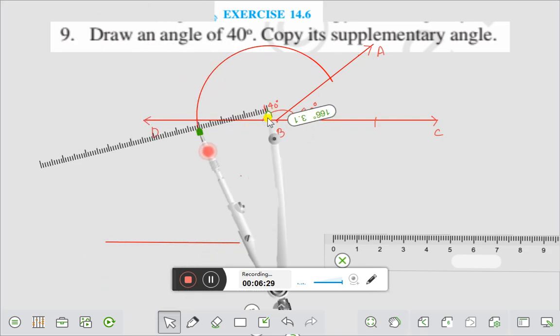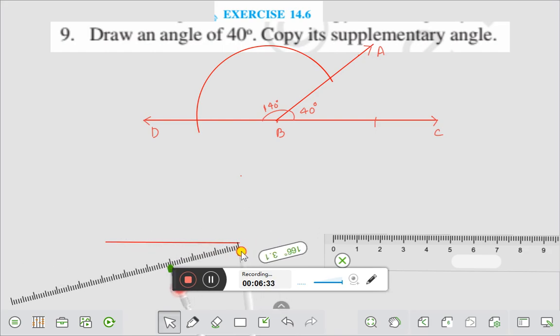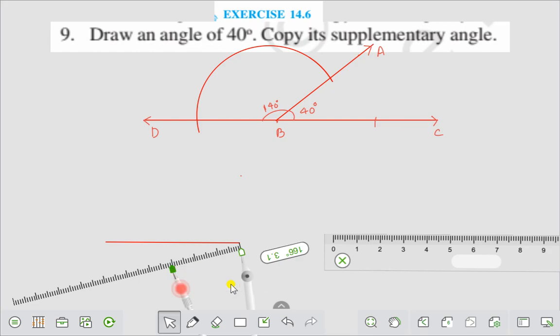In the same way, put the pointer at this point, and make an arc.